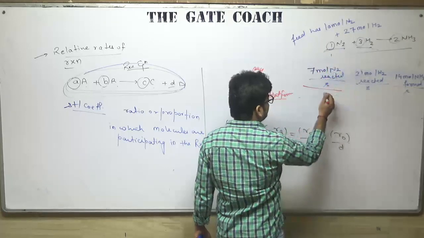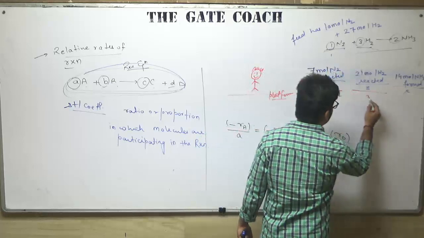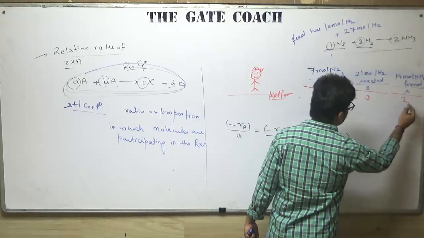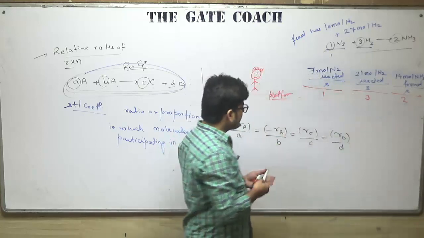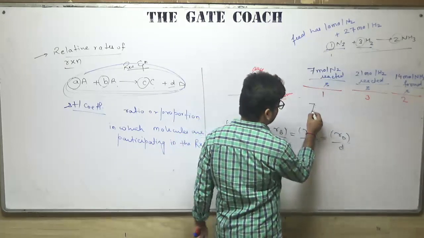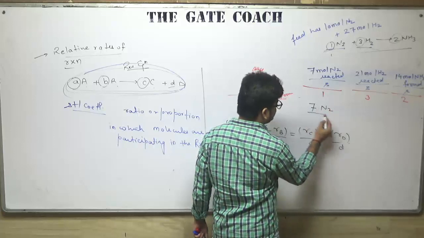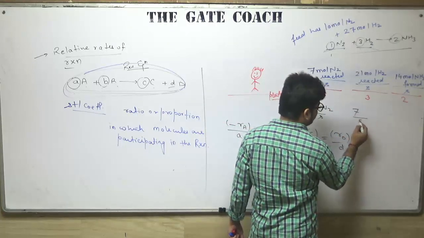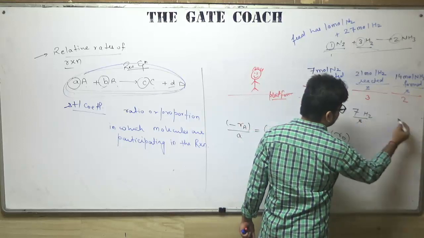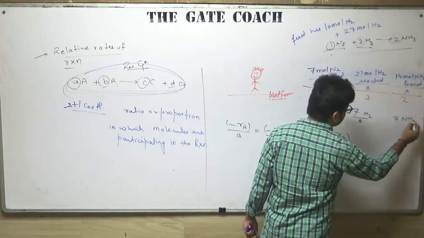For nitrogen, that is 1. For hydrogen, that is 3. For ammonia, that is 2. Now, what is the result? 7 moles of nitrogen per second, 7 moles of hydrogen per second, 7 moles of ammonia per second.